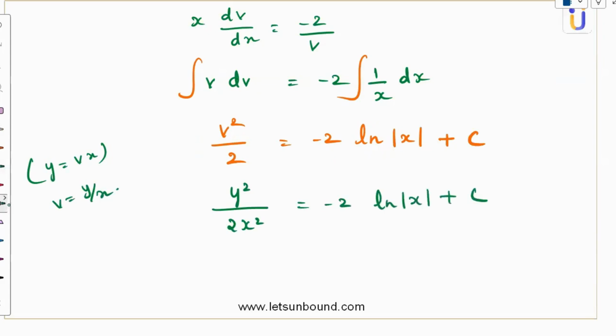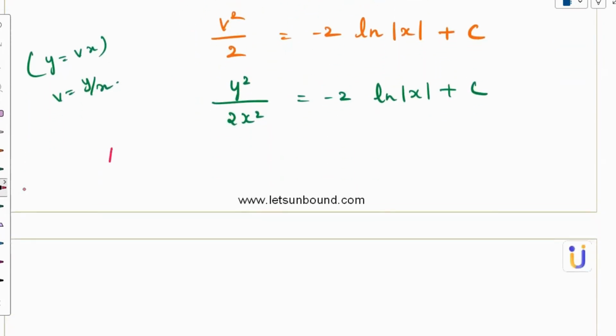Here we might make a mistake: we should not take the 2x squared over there yet. Let's first find out the c. To find c, they give the values: x equals 1 and y equals 2.